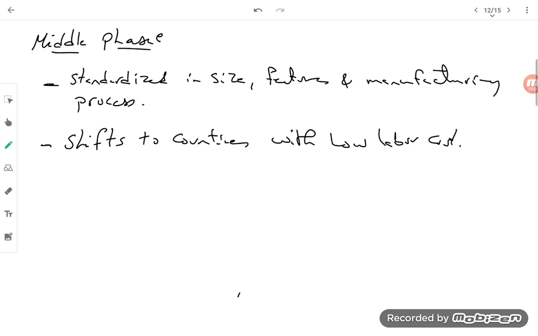As the product is standardized, it doesn't matter whether the one who is going to produce it is skilled or semi-skilled or unskilled. So in this case, production will shift to semi-skilled or unskilled workers.